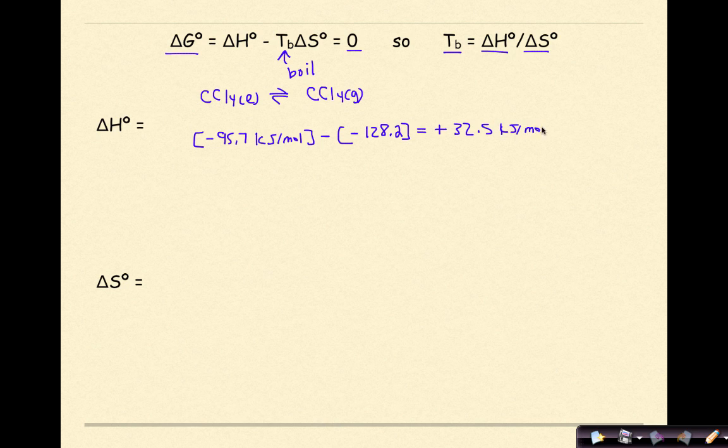Need to watch my labeling because we know the negative and the negative here become a positive.